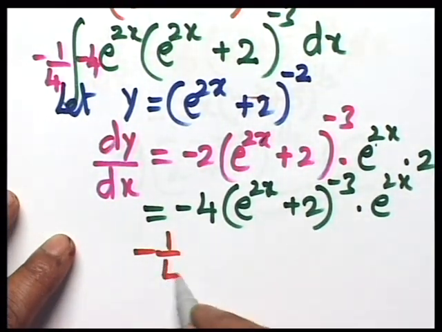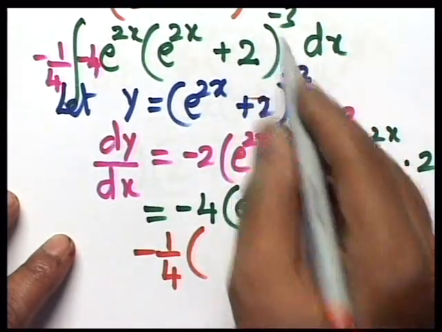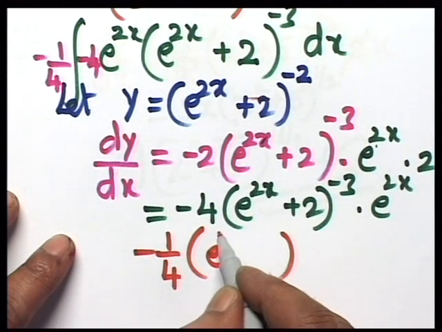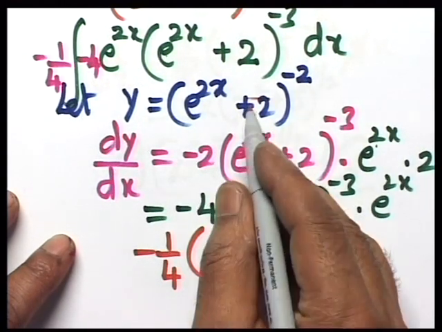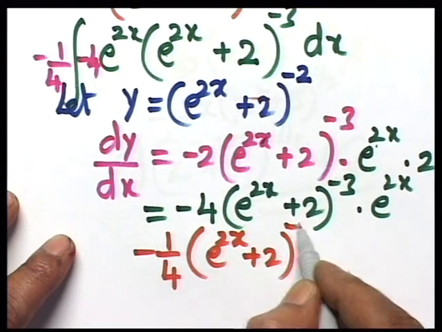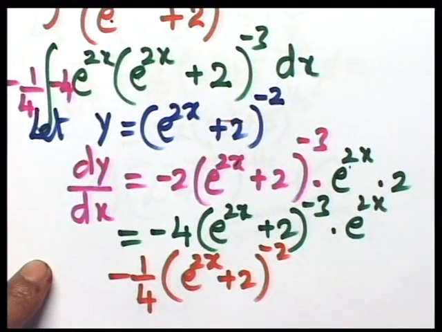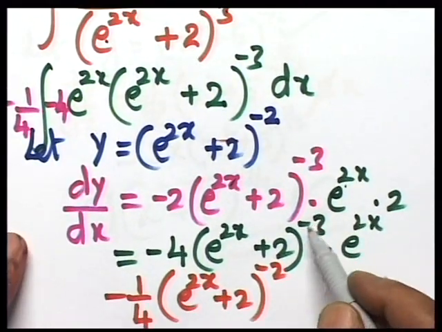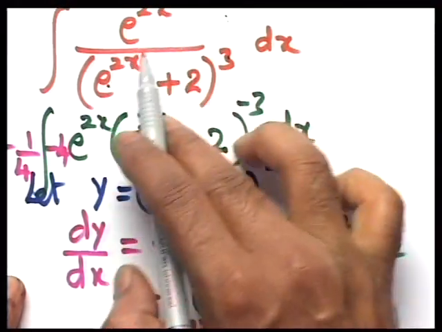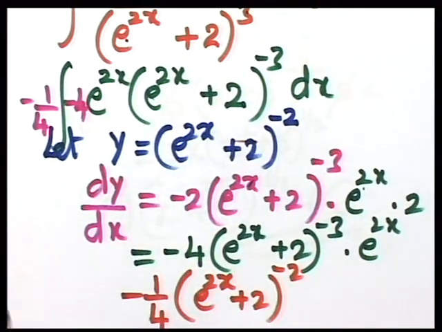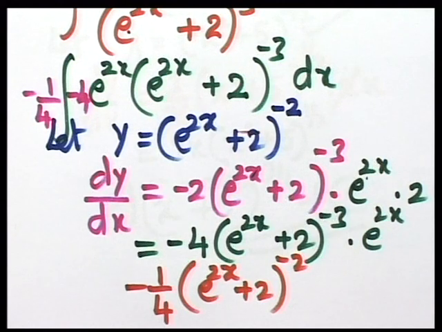So it's minus 1 over 4 bracket e to the 2x and plus 2 to the power minus 2, right? Please understand this minus 3 is nothing but a cube at the bottom. So the question and that step are exactly the same. So these are guessing style. Okay, we have 2 more. And then there is another method actually to do.